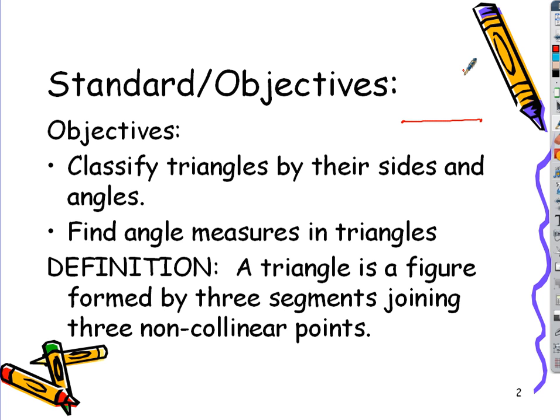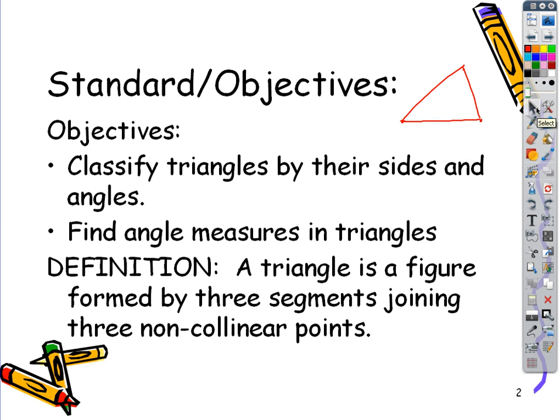So I've got 3 pointy corners to that triangle. And so there we have it. I've got 3 segments joining 3 non-collinear points. And that's our triangle. Okay. Nothing you didn't already know. But now we've connected some specific math vocabulary to it.